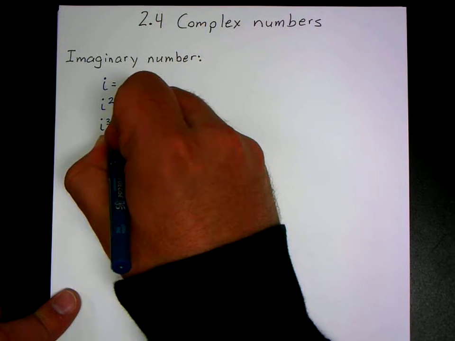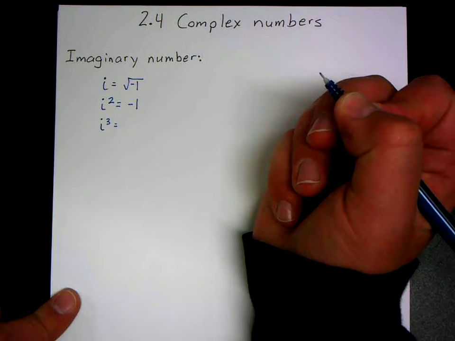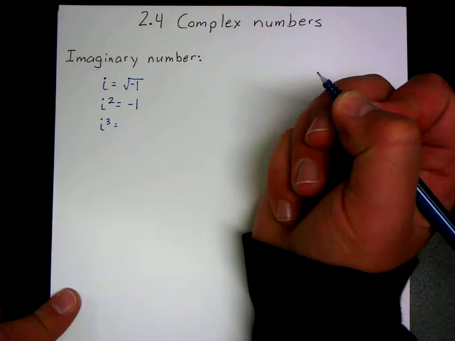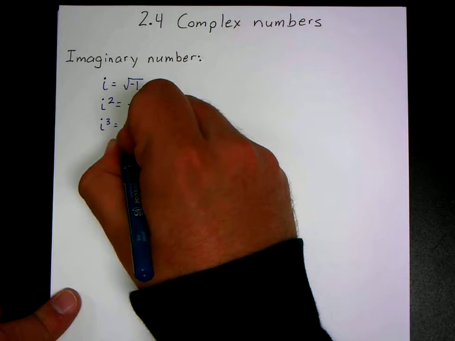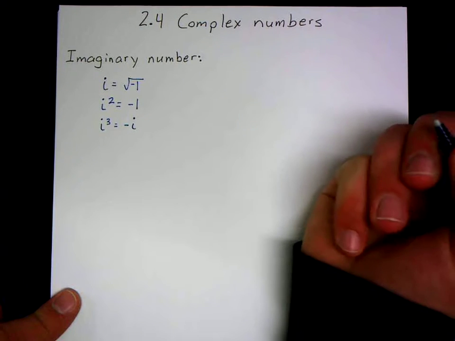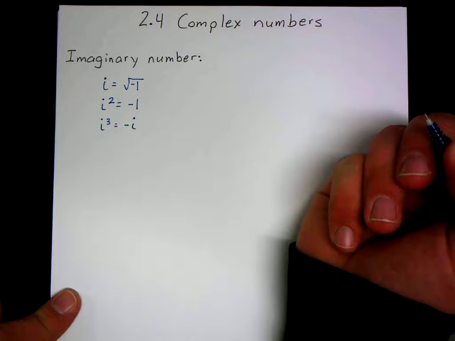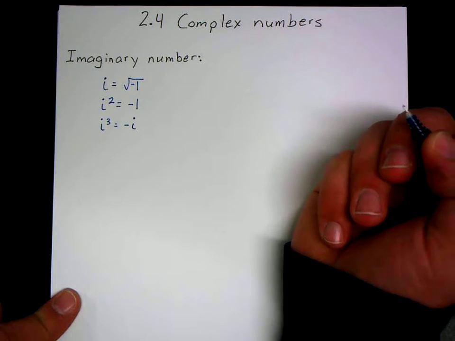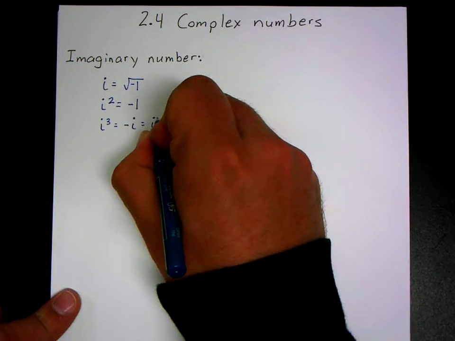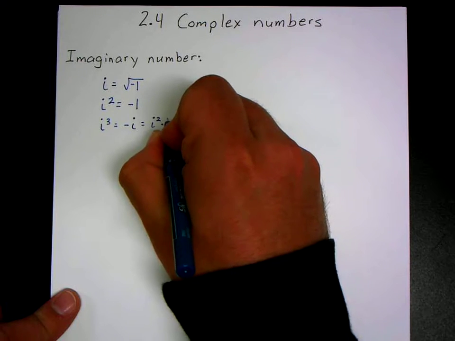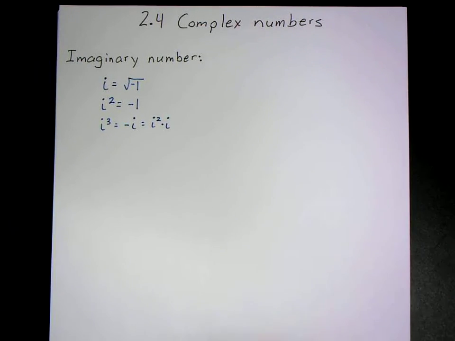What would i cubed be? It's -i. This would be i squared times i, right? Well, what's i squared? -1. So it's -1 times i.